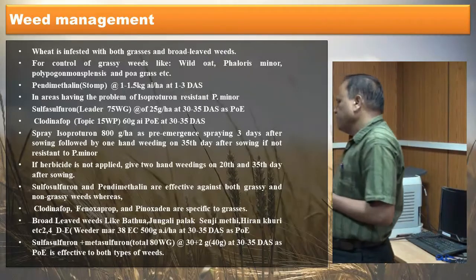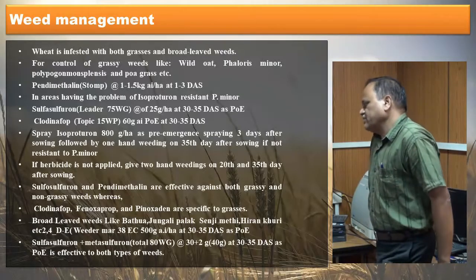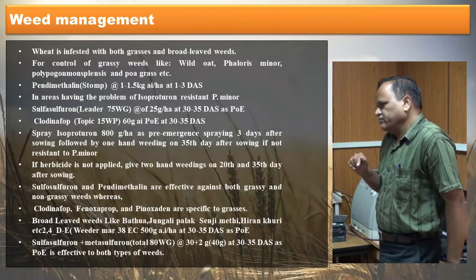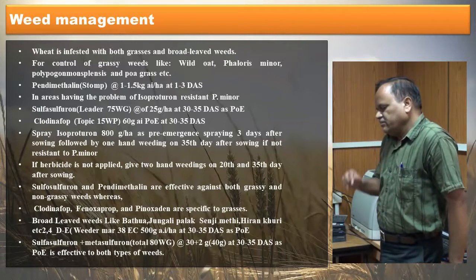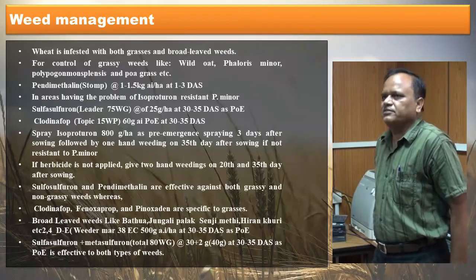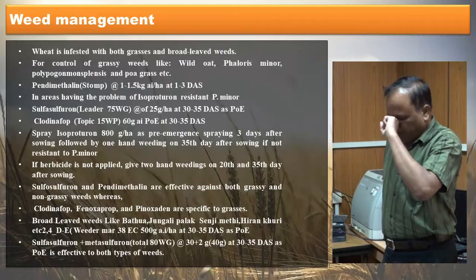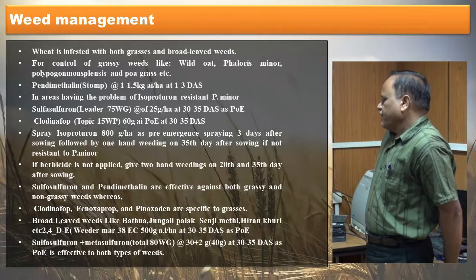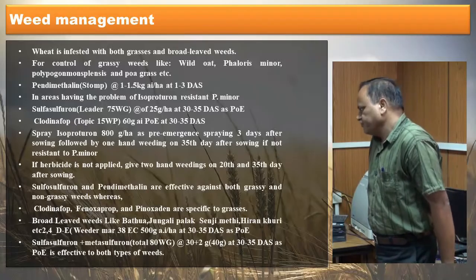Actually, isoproturon is a pre-emergence herbicide, so it must be used from 0 to 3 days after sowing, and the dose will be 800 grams active ingredient per hectare, and it should be dissolved in 500 to 600 liters of water and applied as a pre-emergence herbicide.